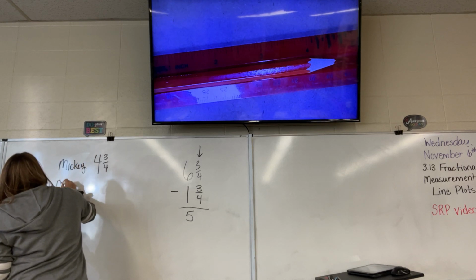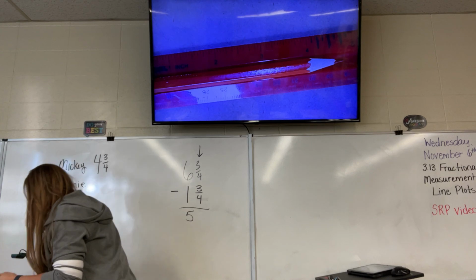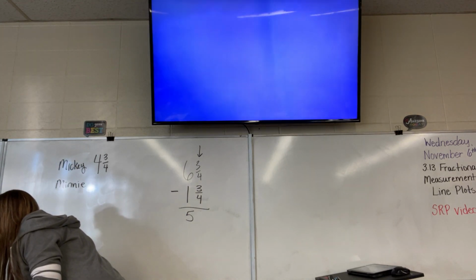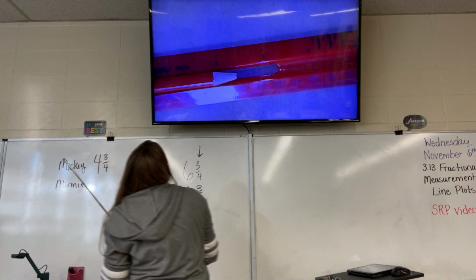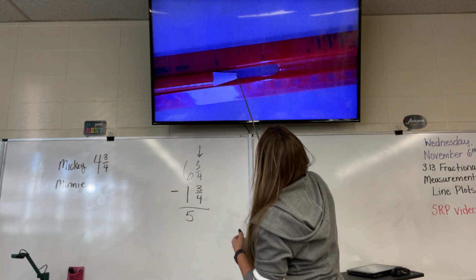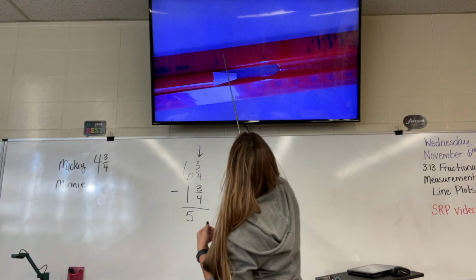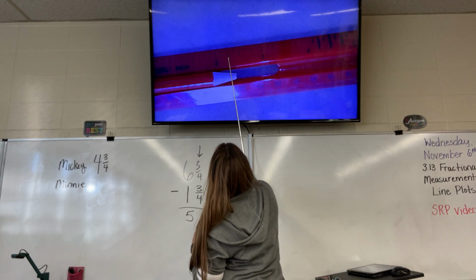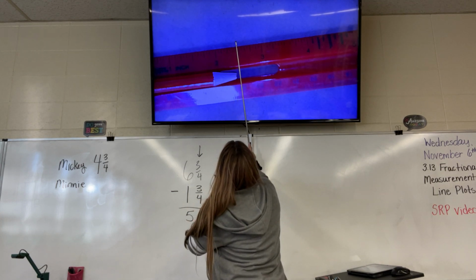And then here is Minnie's pencil. Minnie has a little pencil. And her pencil is broken. Okay, so this would be 1/4, or so it's 2 and 1/4, 2/4.